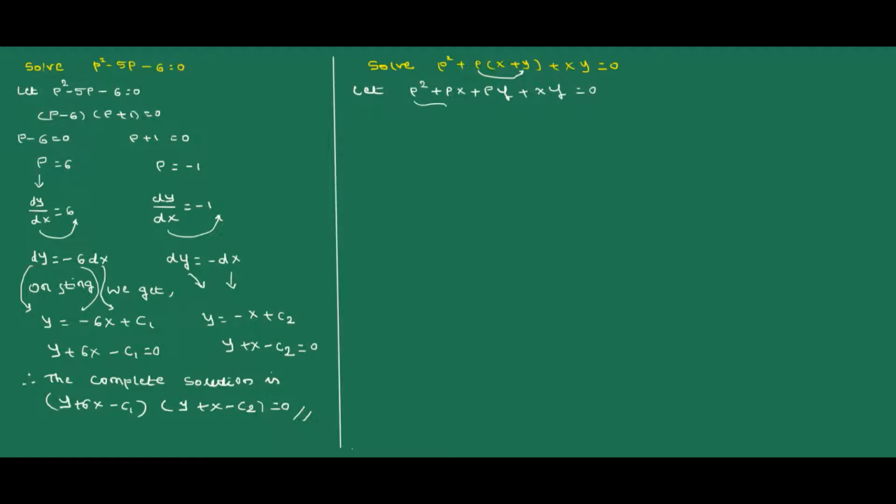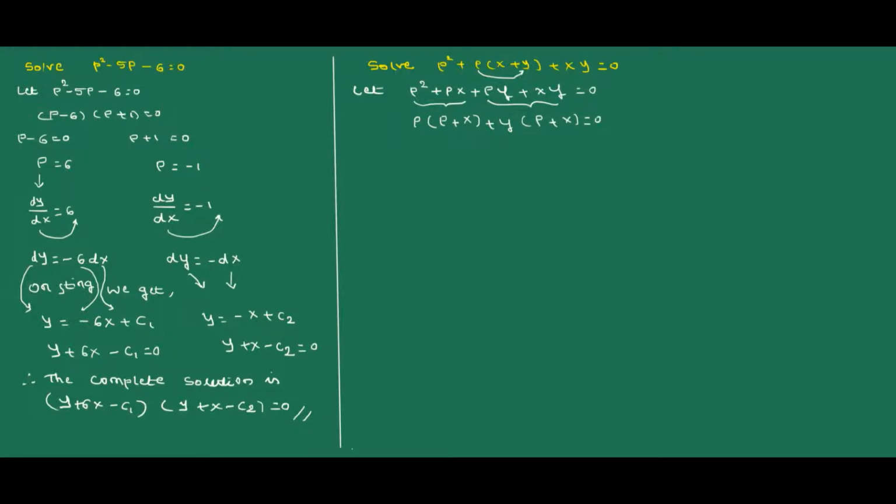From the first two terms you can take p common, so we are left with p plus x. Similarly, from the last two terms you can take y common, then also we are left with p plus x.